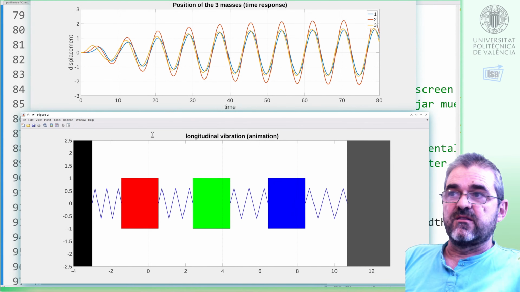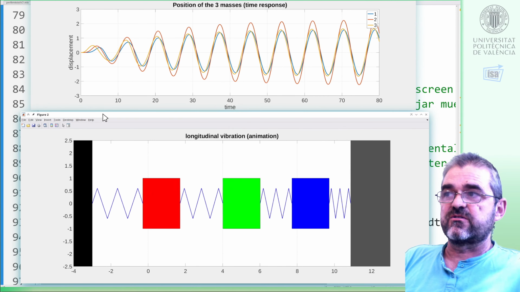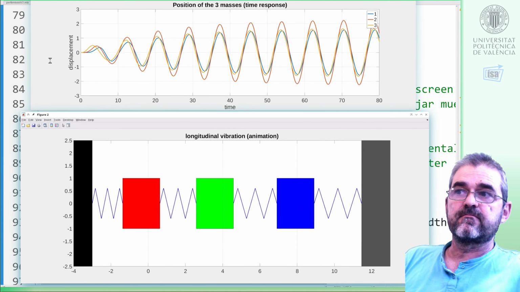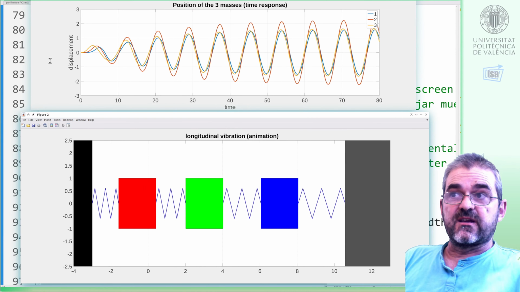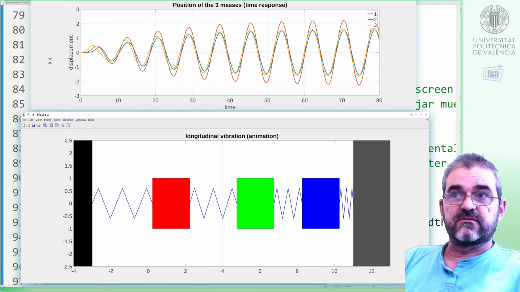You can see that in the first 30 seconds we have sort of oscillations of increasing amplitude. And after 30 seconds we get what's called the stationary steady state sinusoidal response.